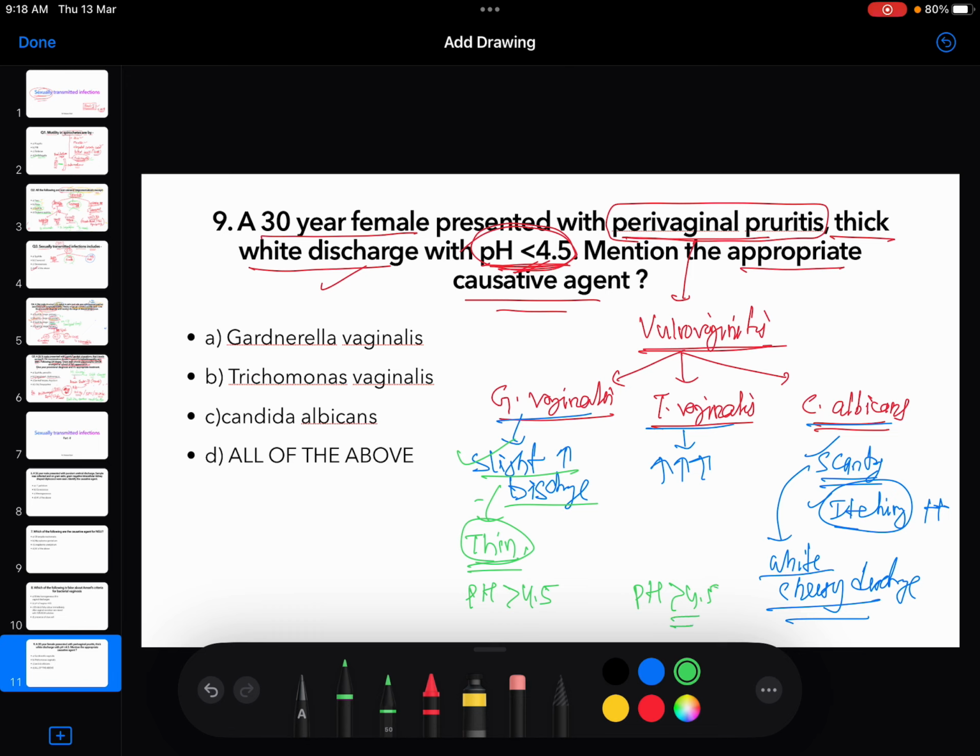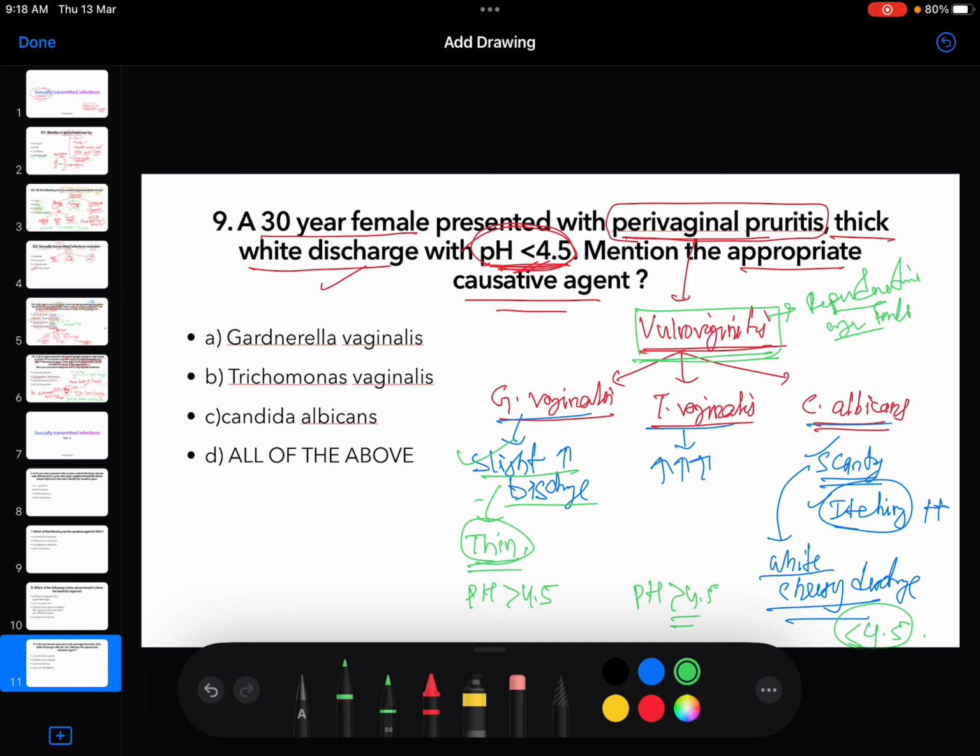But in fungal infection, that is Candida albicans, the pH is less than 4.5. The causative agents of vulvovaginitis are the three, and they mainly affect reproductive age group females.